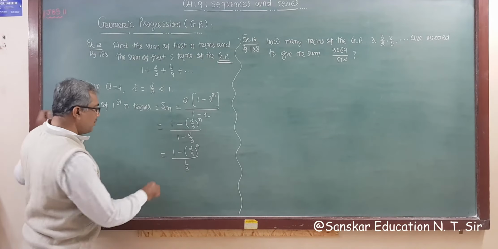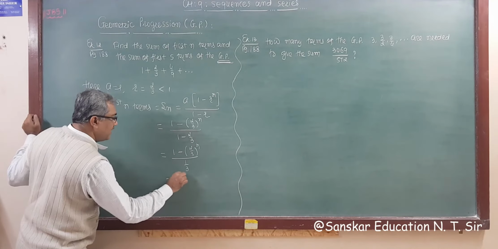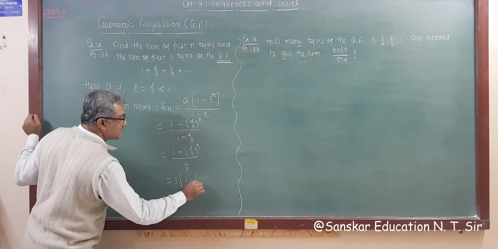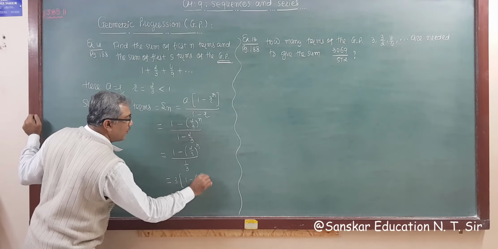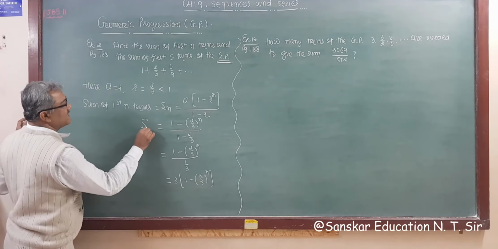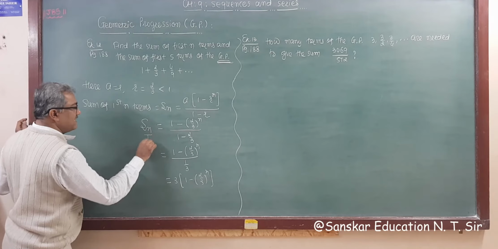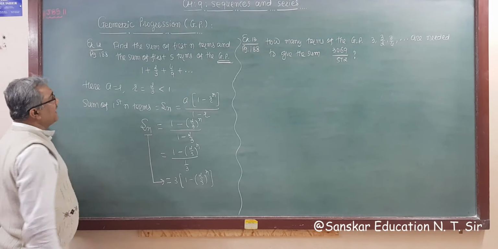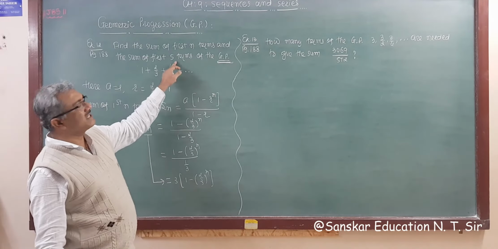So taking 3 to the numerator, we get 3 into 1 minus 2 by 3 whole raised to n. So this is the sum of n terms, that is Sn. Hence, find the sum of the first 5 terms.